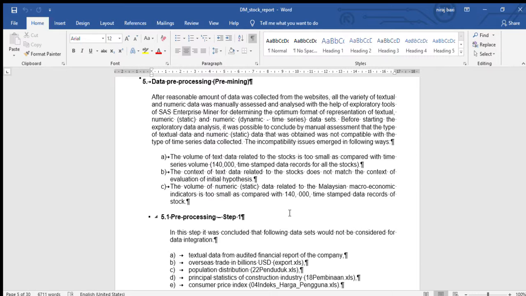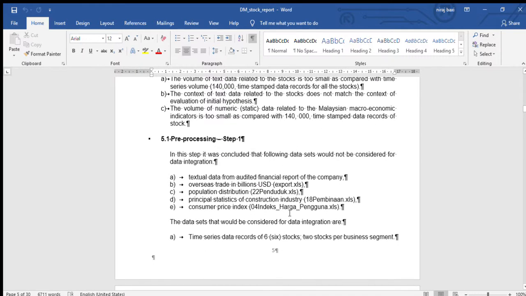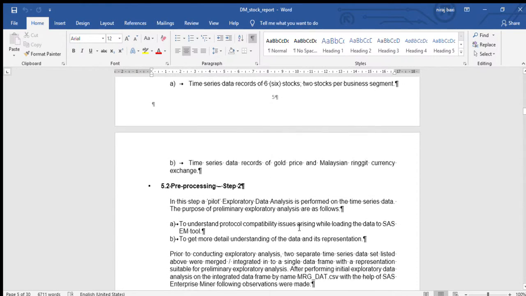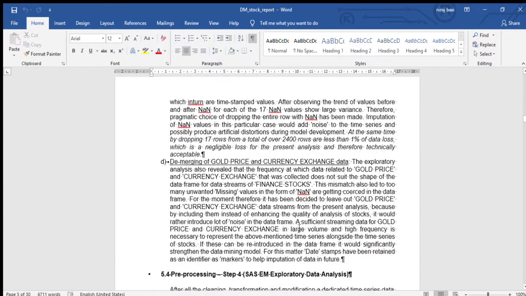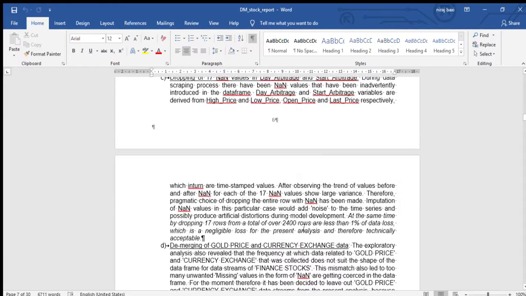This section, as you can see in front of you in the report, section 5, has the pre-processing steps that I have divided into 5 different steps, like steps 1, 2, 3, 4, and so forth.